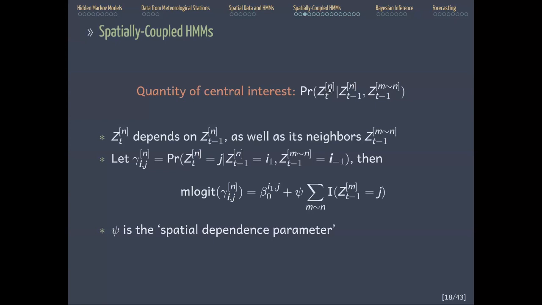According to this, z sub t at location n depends on the state at time t-1 at location n, but it also depends on what happened around its neighbors. So generally what I'm working on is doing this for more geospatial data. And Alex and her PhD student Dirk wrote a fabulous paper on coupled hidden Markov models for areal data for the spatial temporal dynamics of dengue.